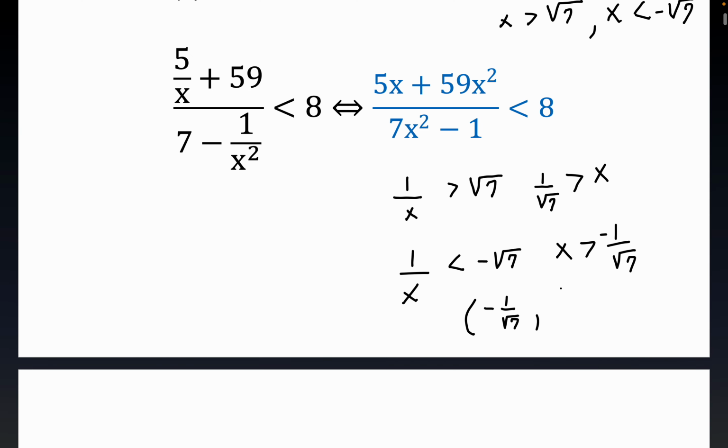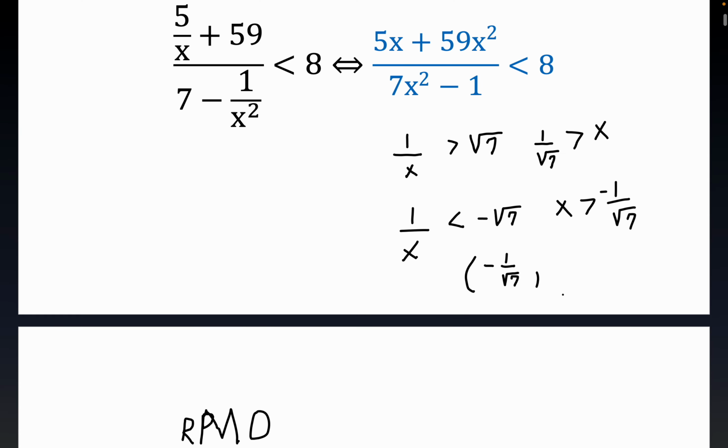And this is just an open interval, minus 1 over root 7 to 1 over root 7. Now, you could write this more explicitly as minus 1 over root 7 is less than x is less than 1 over root 7.